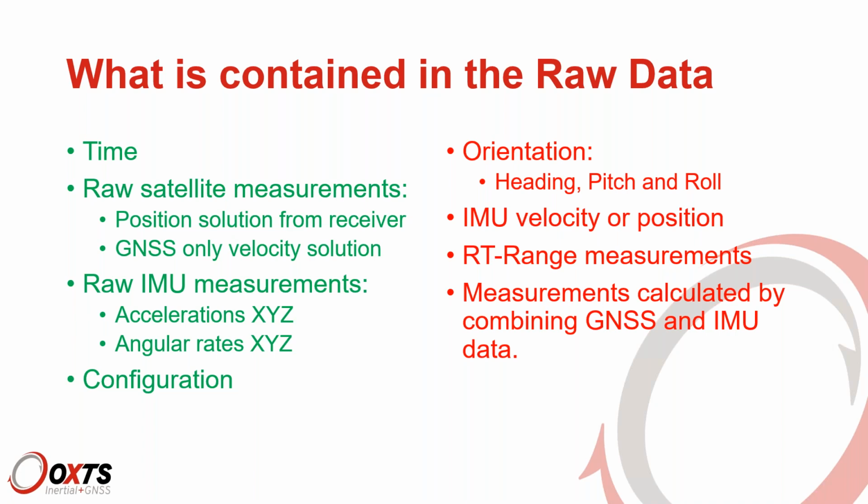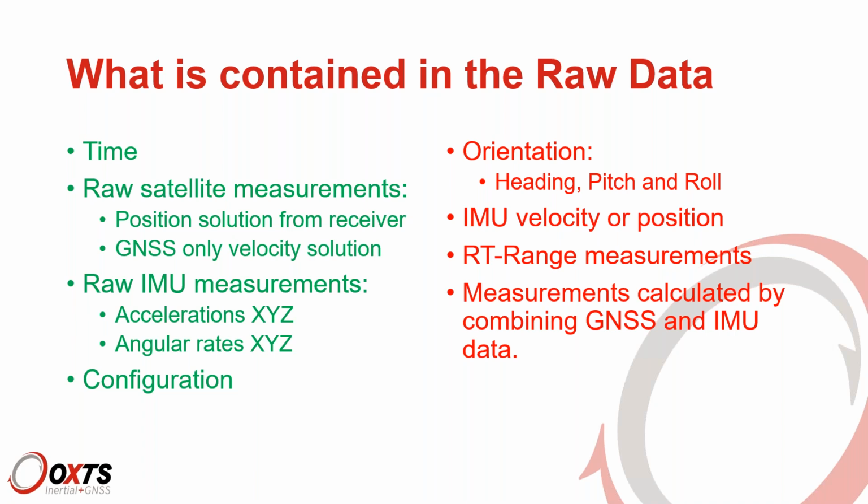There's also the raw IMU measurements, which would be the accelerations in X, Y, and Z, as well as the angular rates in X, Y, and Z. Also contained is the initial configuration, which was saved on that unit at the time that those measurements were being taken.